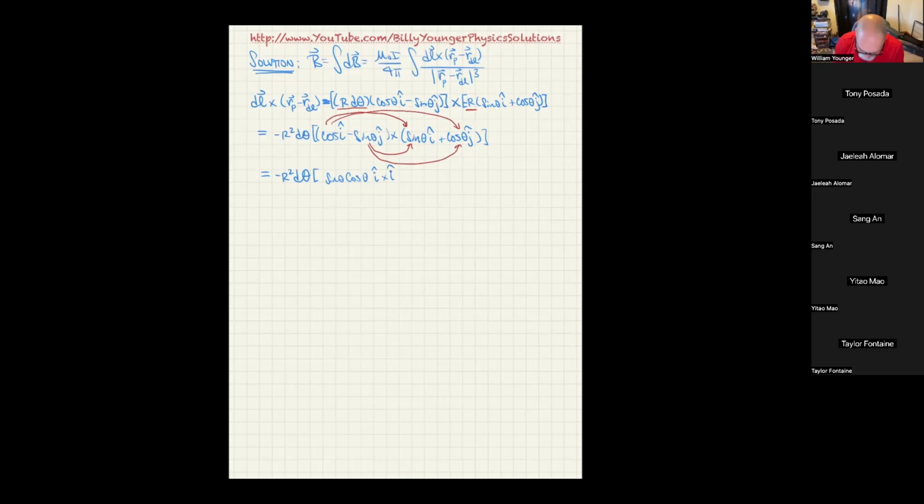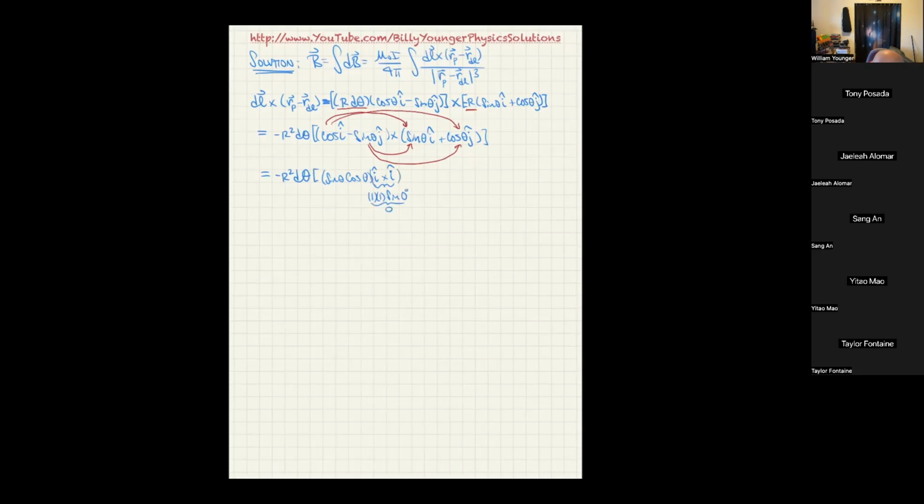And that's exactly what happens here: you get i hat cross i hat, which gives you 1 for the magnitude of the first i times 1 for the magnitude of the second i times the sine of the angle between them, which is 0, and therefore you get 0. Oops, I wrote theta there instead. So sine of 0 degrees gives me 0. So we're done with that part.